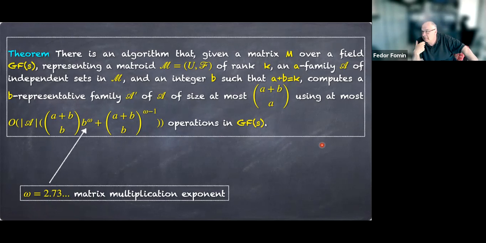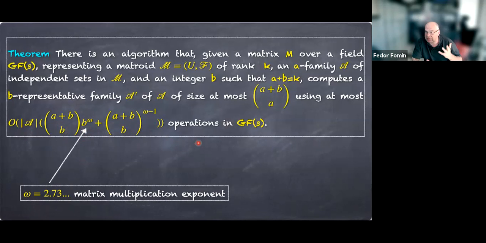The size of this representative family is at most a plus b choose a, and the running time of this algorithm is the cardinality of the family A times (a plus b) times b to the power omega, where omega is the matrix multiplication constant, plus (a plus b choose b) to the power omega minus 1.